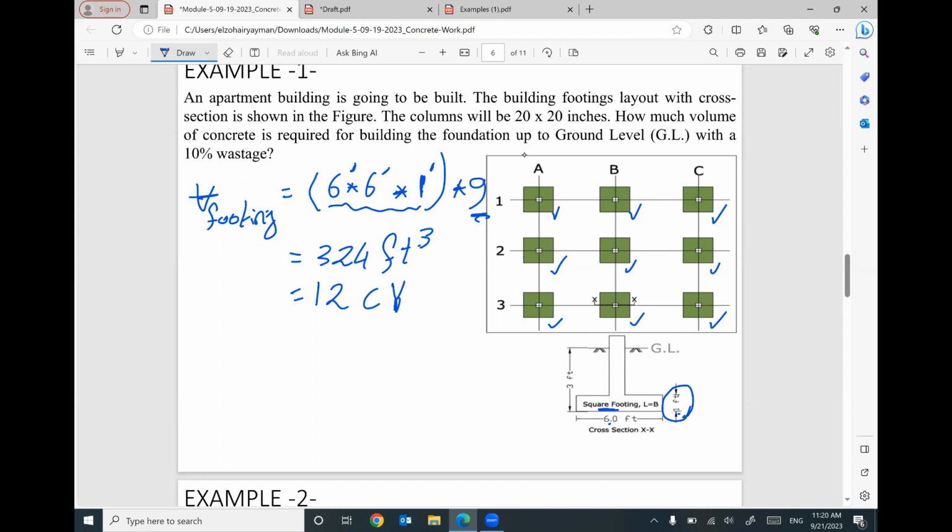Does that make sense? That makes sense. So I need to order 12 cubic yard, but we have information here. You have to consider 10% extra for wastage. So after considering the wastage, you need to order 12 by 1.1, 10% extra. So I need to order 13.2 cubic yard.